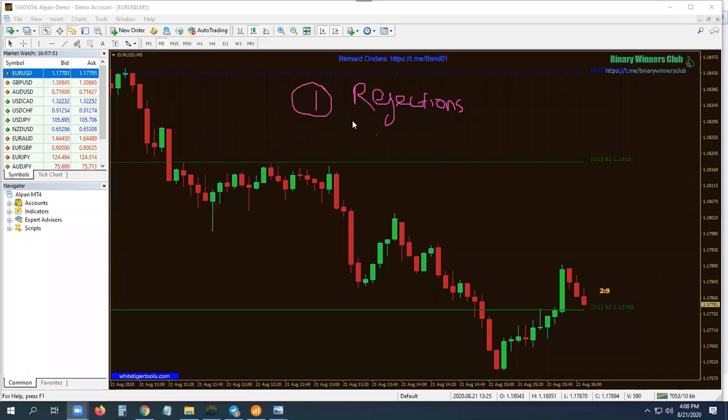Now, I'm saying there are 2 ways. There could be more than 2 ways, most likely, but for now, I want us to look at 3 ways of trading pivot points. Technique number 1, you do rejections. Technique number 2, you do reversals.